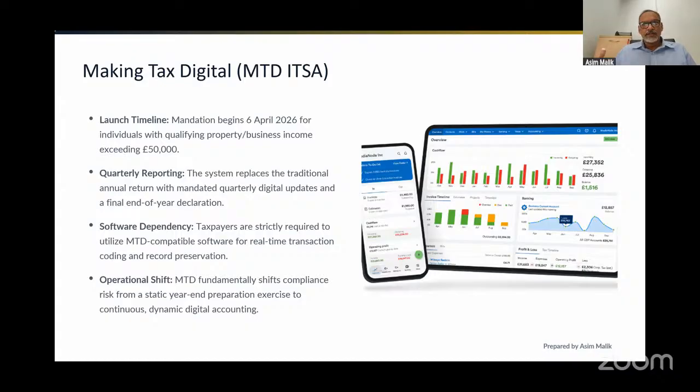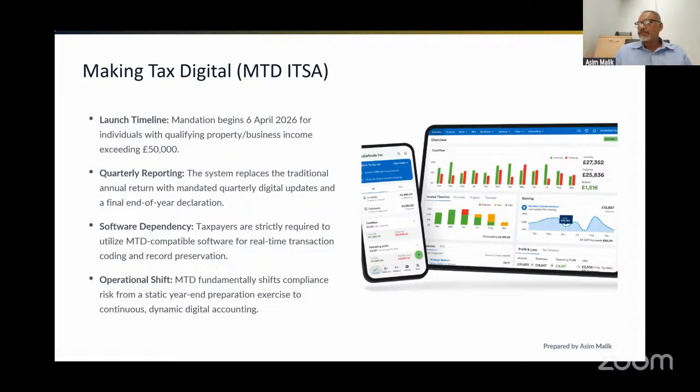If you've got experience of using Excel, for example, you can change figures in Excel and there's no trail. But with Making Tax Digital, there's always a trail. There's a trail of how the transaction was first recorded, and a trail of how the transaction has subsequently been changed.